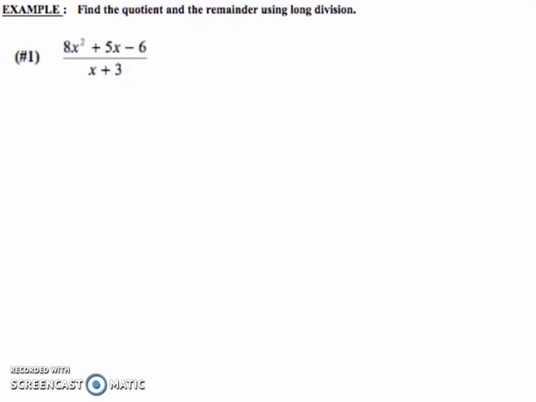So let's start with 8x squared plus 5x minus 6 divided by x plus 3. So our divisor is the polynomial x plus 3. That is going to go on the outside. And our dividend is 8x squared plus 5x minus 6.